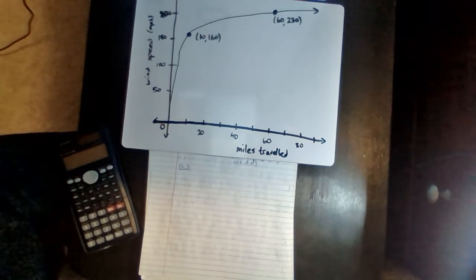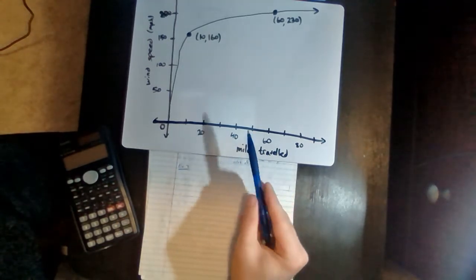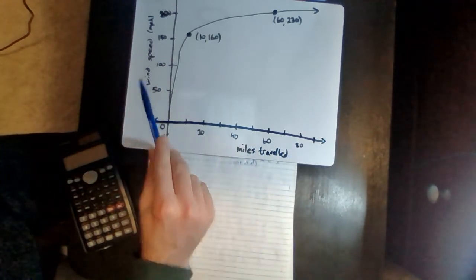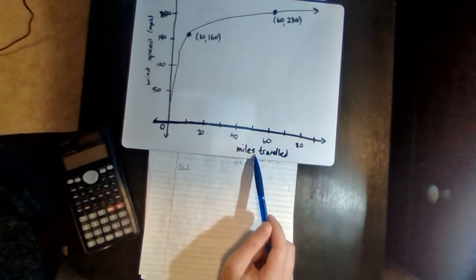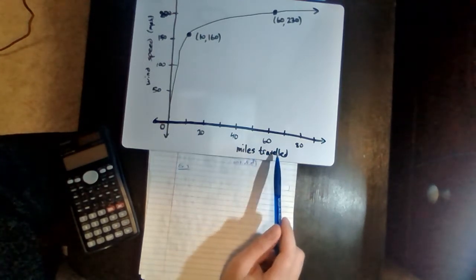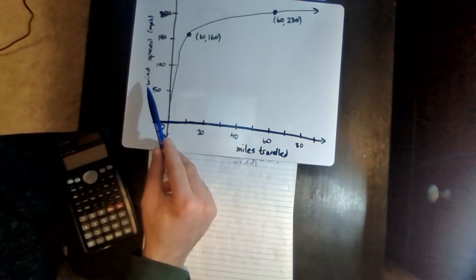They don't necessarily tell us which is which. So we have to be able to decipher that a tornado's wind speed will depend on miles traveled and not the other way around. How far a tornado travels doesn't depend on its wind speed at any given time.